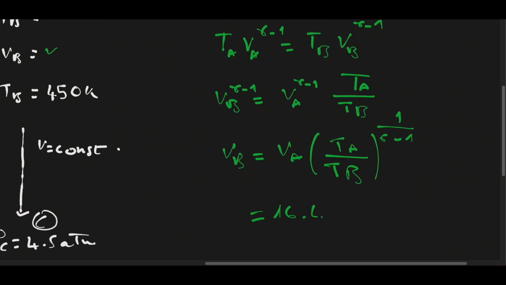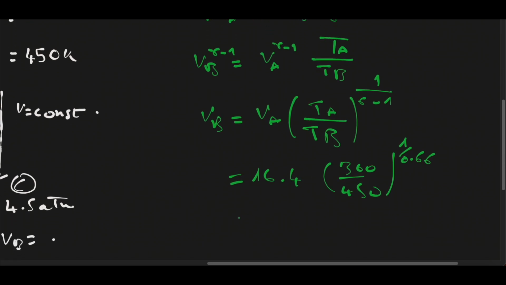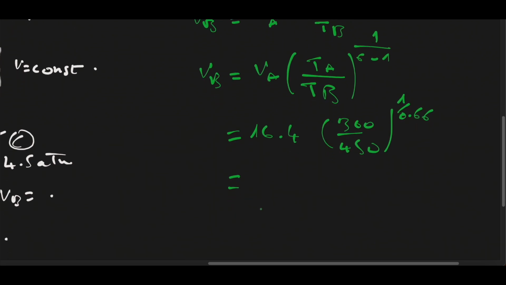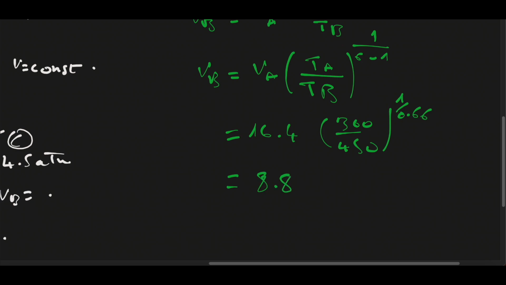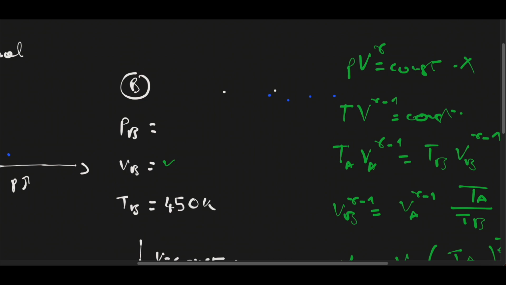Here we have 16.4, here 300, 450, and here to the 1 over 0.66. And once these values are plugged into the calculator, we get a value of 8.87 liters. So I write it here.